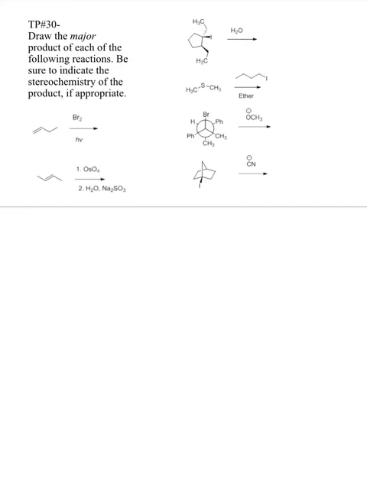Okay, draw the major products of each of the following reactions. Be sure to indicate the stereochemistry of the product if appropriate. Okay, so what do we have here? We have water adding to, and I wouldn't just give it in water.